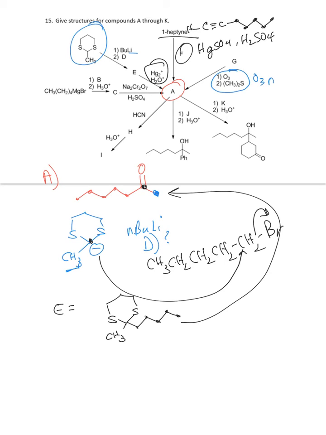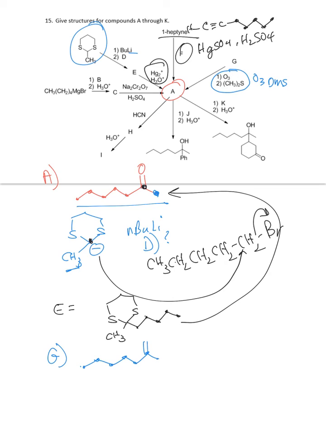Okay, G, look at the reagents for G. That's ozone and DMS, so you're doing ozonolysis. So when you do an ozonolysis and you want to make a ketone, A is your ketone. What's your structure for G? 1, 2, 3, 4, 5, 6, 7.